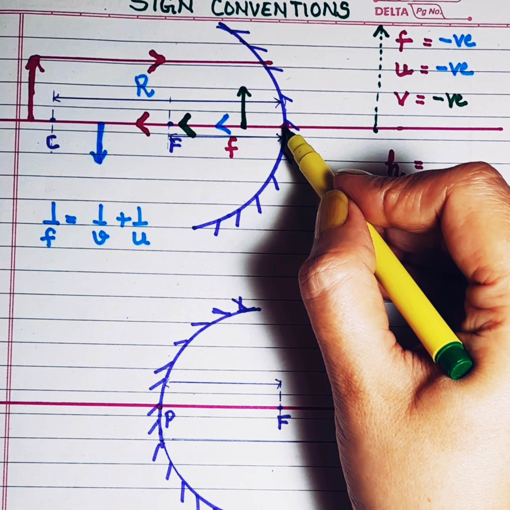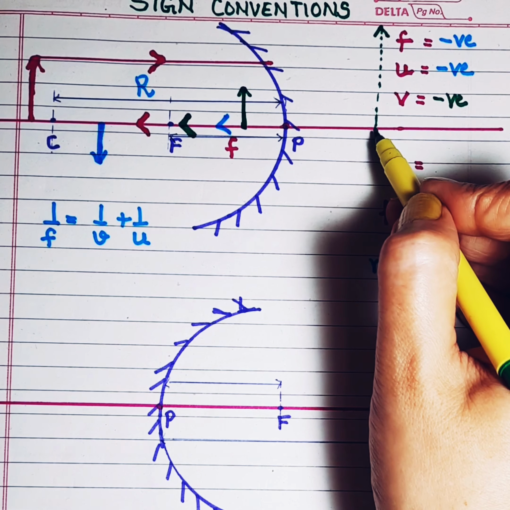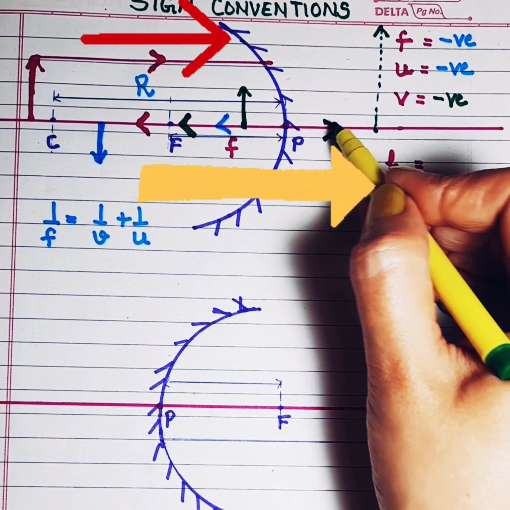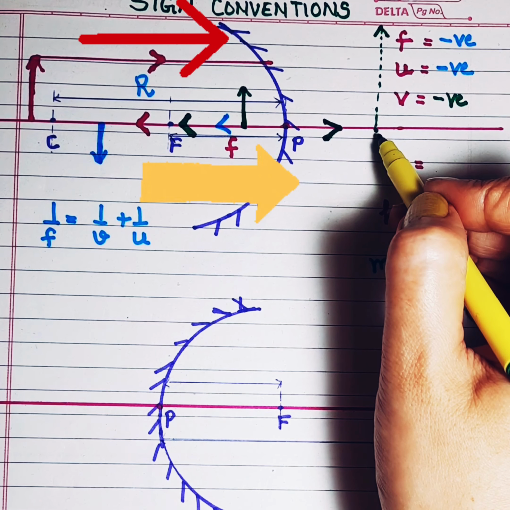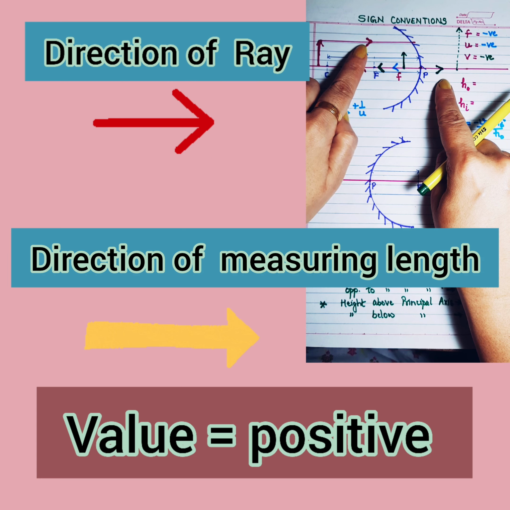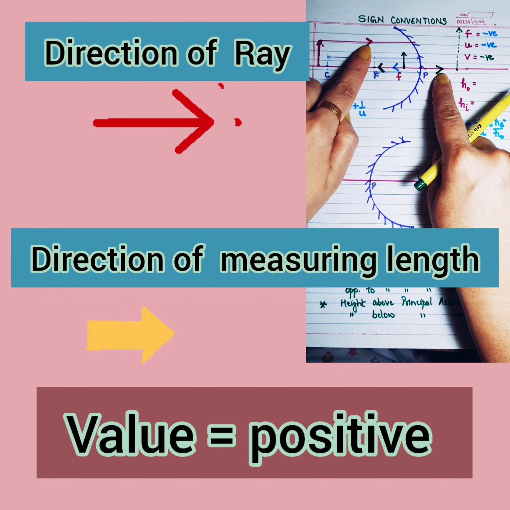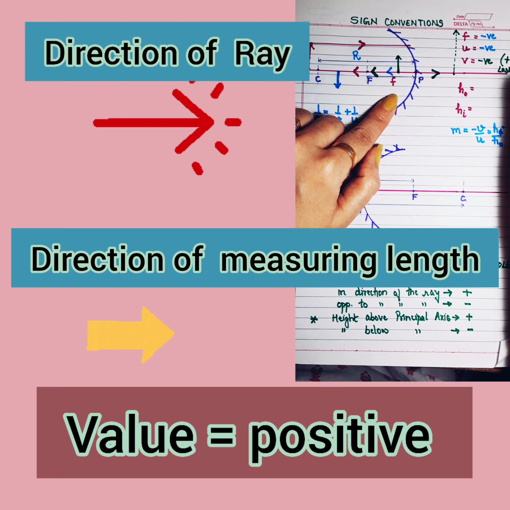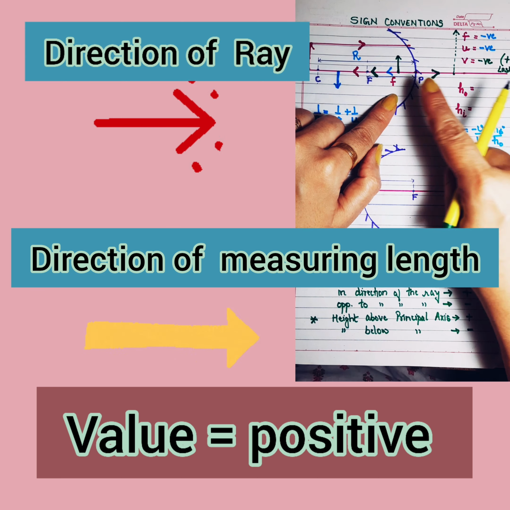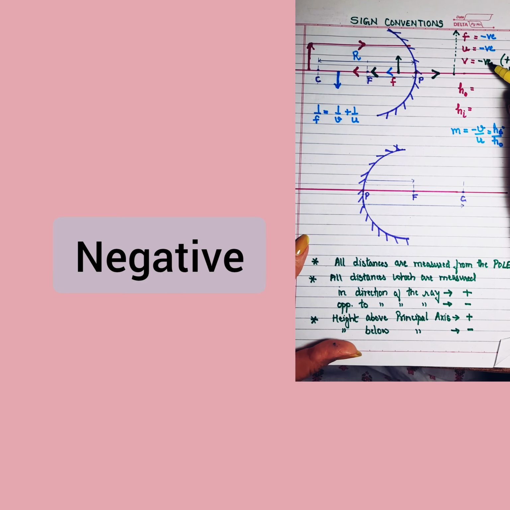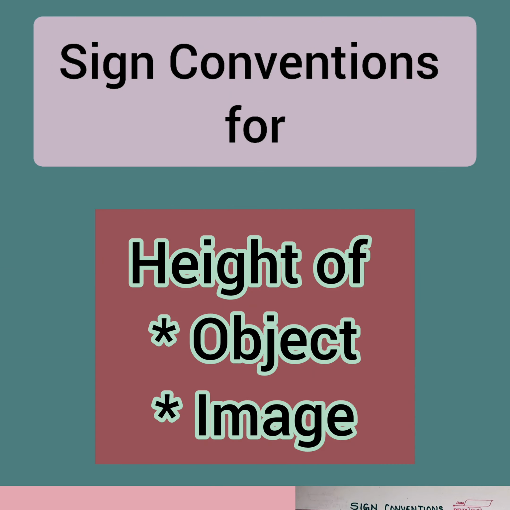Now I will have to move from the pole to this position, and this is the direction of measuring the image. Now look at the direction of the incident ray and the direction in which we are measuring the distance. So the image distance will be positive only in the last case, but in the rest of the cases the distance will be negative.